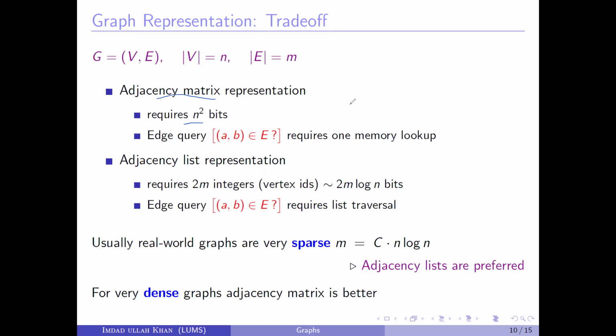If you have a sparse graph, it means a graph with a large number of vertices, but not that many edges, we'll be having a lot of additional zeros over here in the adjacency matrix. But in case of adjacency list, we might be having at max 2m, or twice the number of edges, as the elements over here.